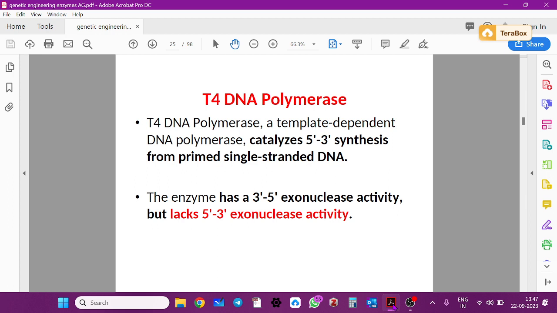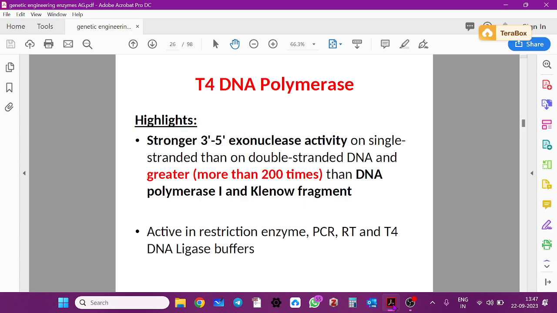You can use Klenow or you can use T4 DNA polymerase, because it's got a stronger 3 prime to 5 prime exonuclease activity on single-stranded DNA, and it is weaker in double-stranded DNA.